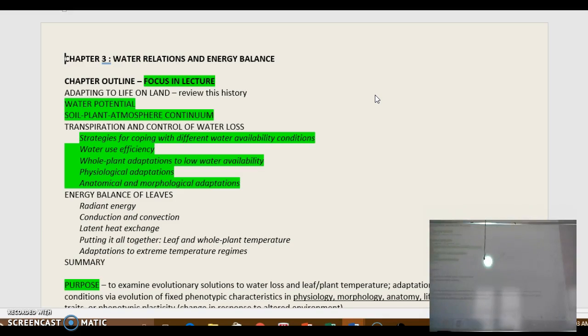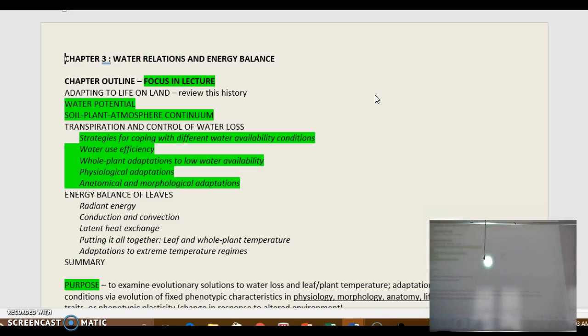I do want you to glance at, take a look at, at least read and take notes on energy balance of leaves. The trade-off of the function of leaves as photosynthetic organs is going to be extremely important as we consider this topic. So, everybody with me? Very good.